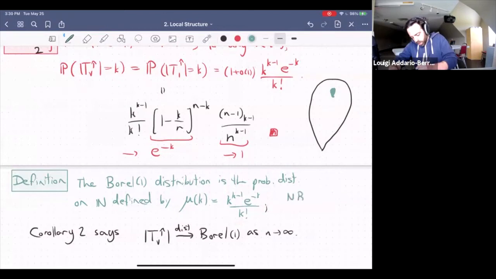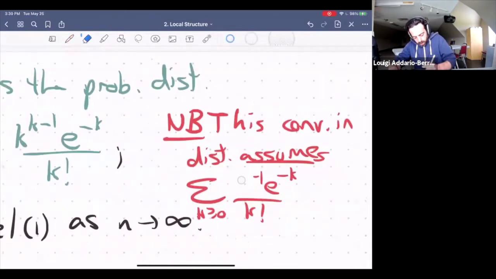Okay, so I'll maybe again use that nota bene shorthand. So this convergence in distribution assumes that the sum of k to the k minus 1 e to the minus k on k factorial over k at least 0, that's a bit hard to read, sorry, is equal to 1.